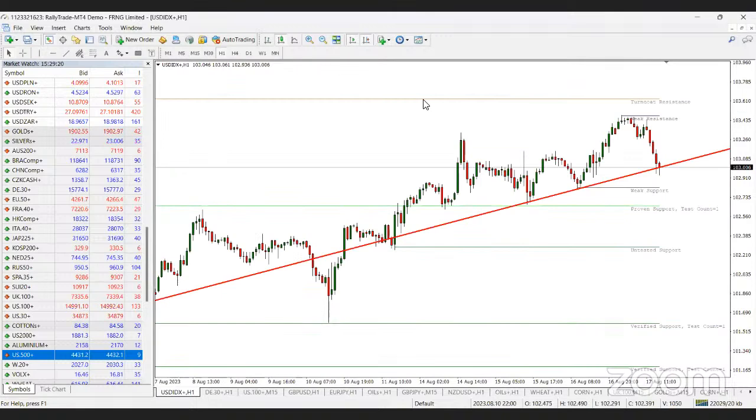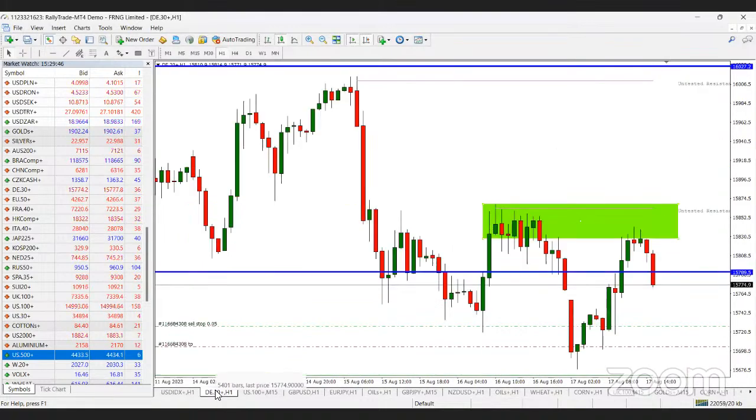The US session is about to begin. You can see the dollar index is resting on that trend line that has been drawn, it has joined that trend line. And so we shall see what it does. Remember, if the dollar index begins to gain strength within the next 5-10 minutes, then you would expect a fall in the US.